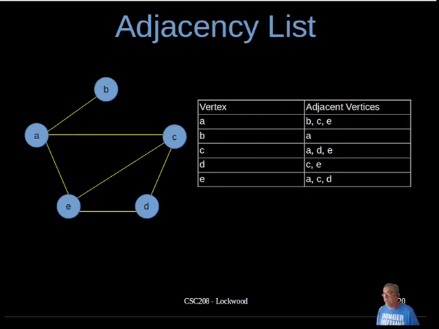So here you can see I'm showing that in a table. For vertex A, we have a list of B, C, and E being the vertices that are adjacent. For B, only A is adjacent. For C, we have A, D, and E as adjacent vertices, and so on and so forth.